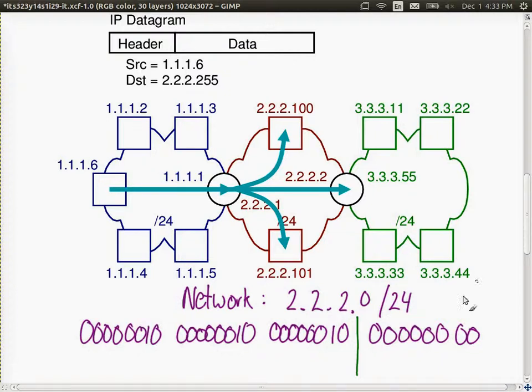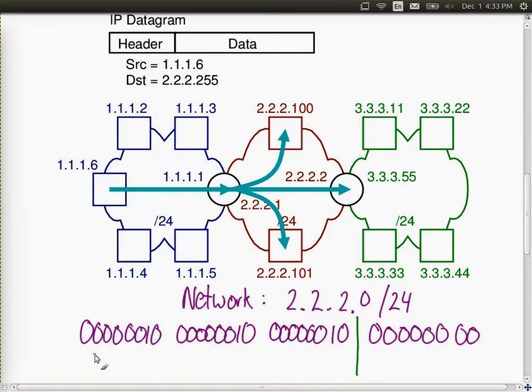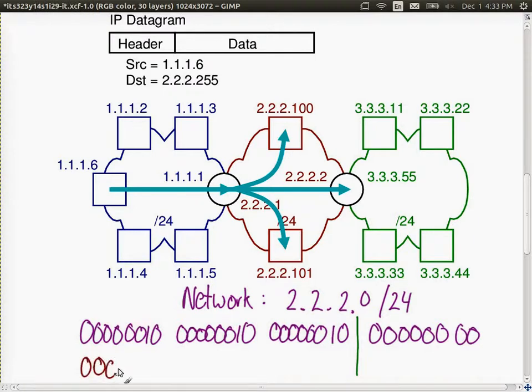That was one special case address. Another special case address is that we use the same network portion, 2.2.2, and set the host portion to all ones.